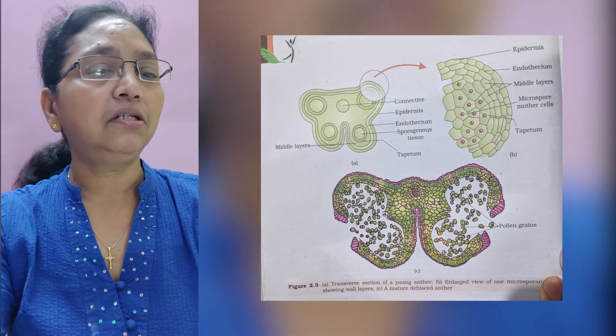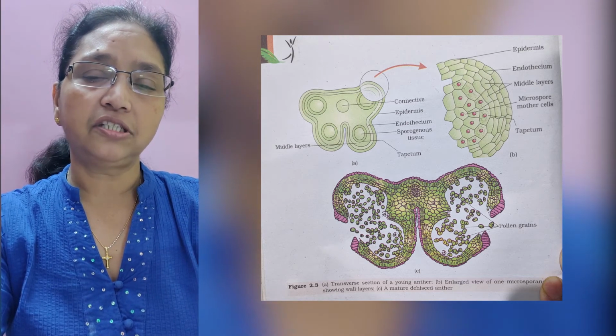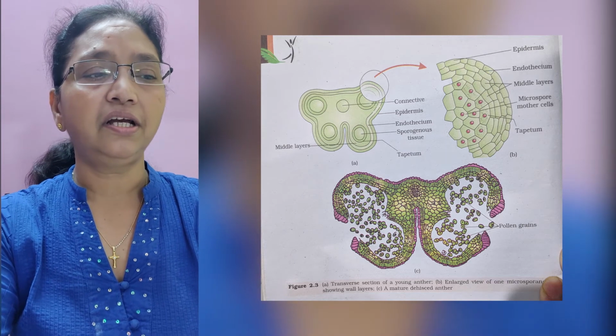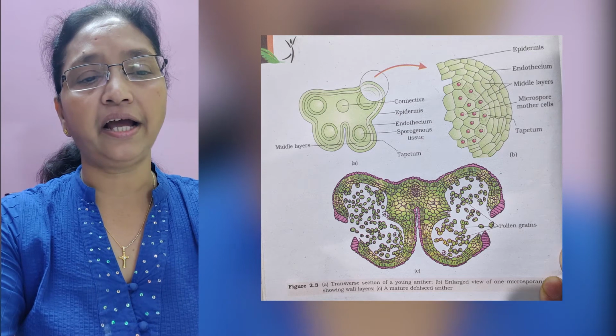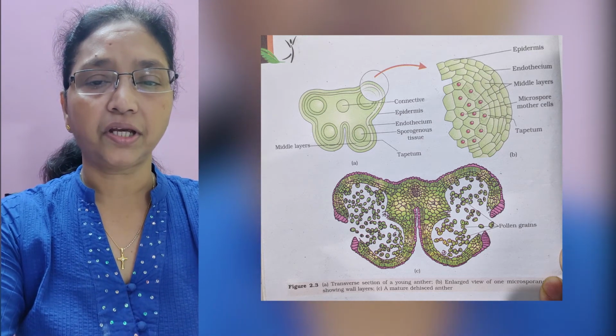The outer 3 wall layers, that is the epidermis, endothecium, and the middle layer, are protective in function and help in the dehiscence of the anther and release the pollen grains.